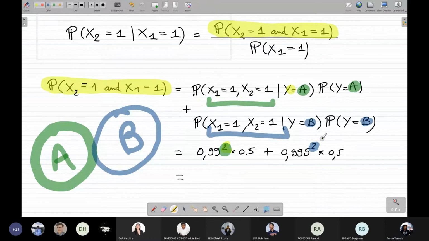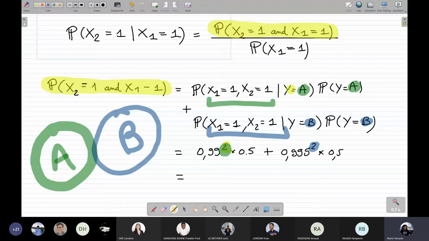So the probability that we collect two watches in A is 0.99 squared multiplied by a half, plus 0.995 squared times 0.5.